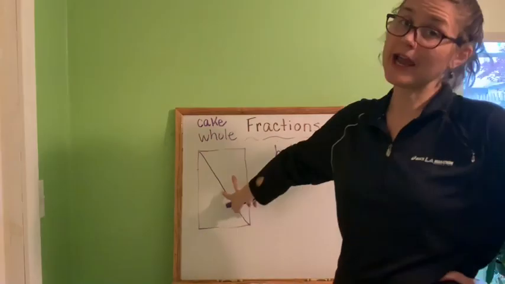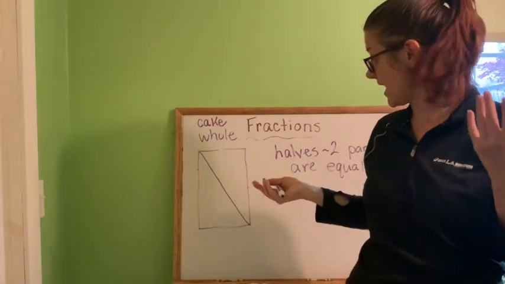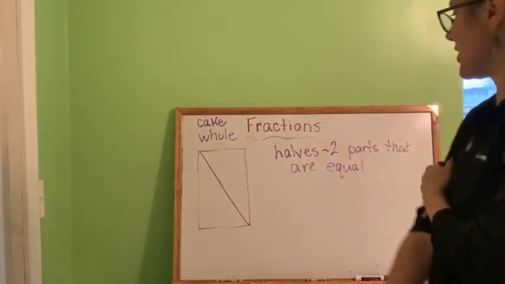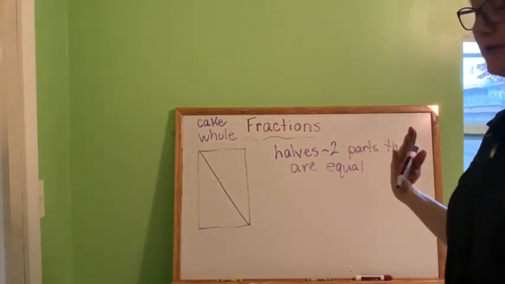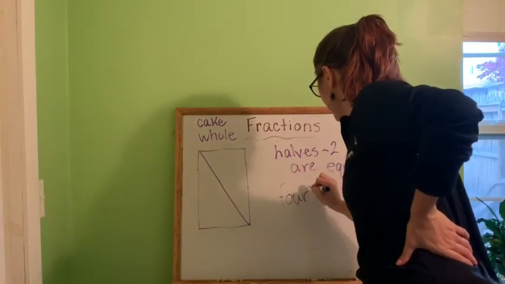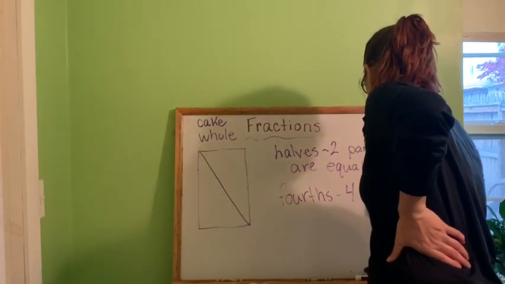Now, I don't cut my cake this way, right? That's not the typical way that we would cut it, but certainly you could, right? All right, I'm gonna go a step further now, and I'm gonna cut it into those 4 equal pieces, which are called fourths.